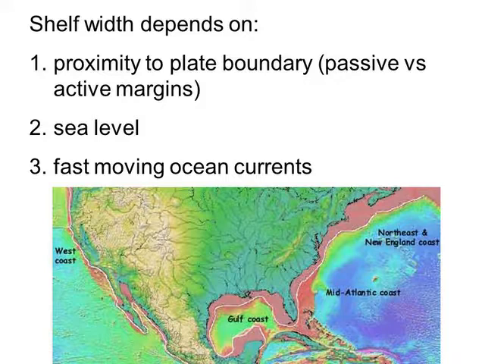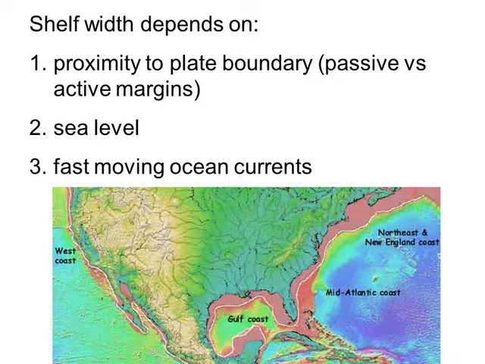And also fast-moving currents can either erode or accumulate continental shelf material. So in this case, there's a slower moving current on the west coast side, so it doesn't bring a lot of material in, whereas the east coast side has a Gulf Stream, which is really fast.